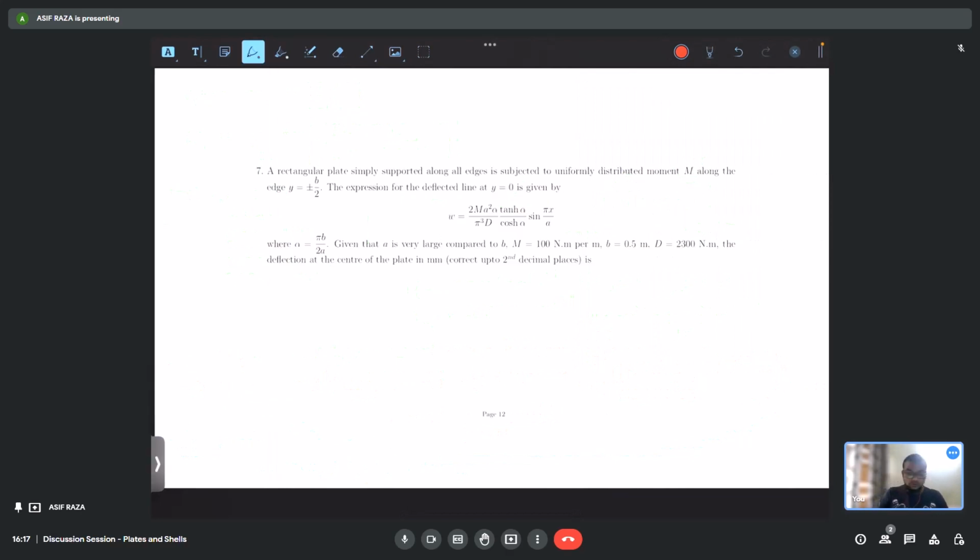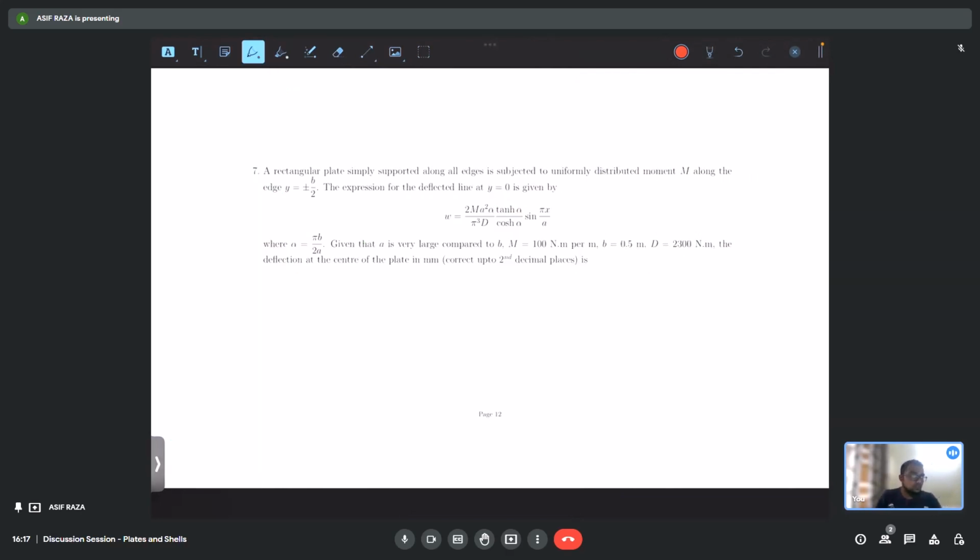Okay, let's move on to the last question of today's session. We are given a rectangular plate simply supported along all edges, subjected to uniformly distributed moment m along the y edge. The expression for the deflected line is given by this relation, where alpha is given. Given that a is very large compared to b, m equal to a, b, d, find the deflection at the center of the plate.